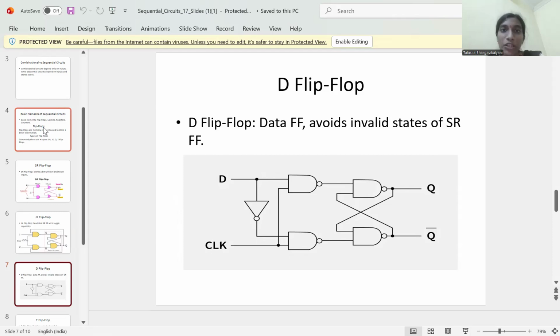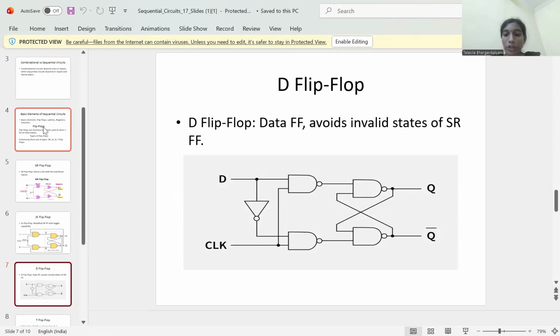If Qn value is equal to 1 and Qn plus 1 value is equal to 0, then D is 0. If Qn value is equal to 1 and Qn plus 1 value is equal to 1, then D is equal to 1. Here we can just remember a simple logic that D is equal to Qn plus 1, the next state value.